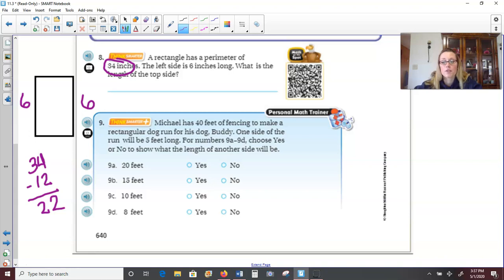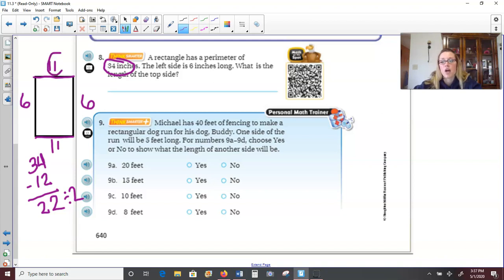Now remember, 22 is not the answer here. We have to take 22 and divide it twice because there's a top and a bottom that this number accounts for. So what is half of 22? This is a bigger number to divide in half. Think what two numbers add up to be 22? 11 plus 11.